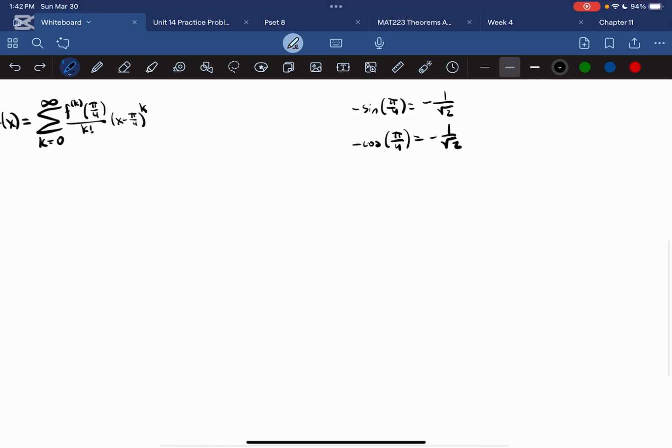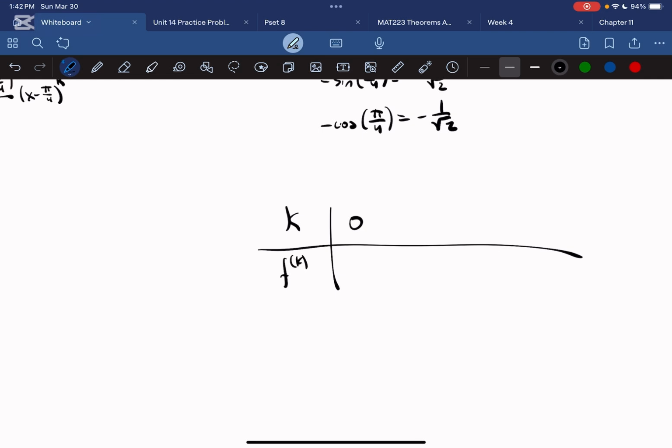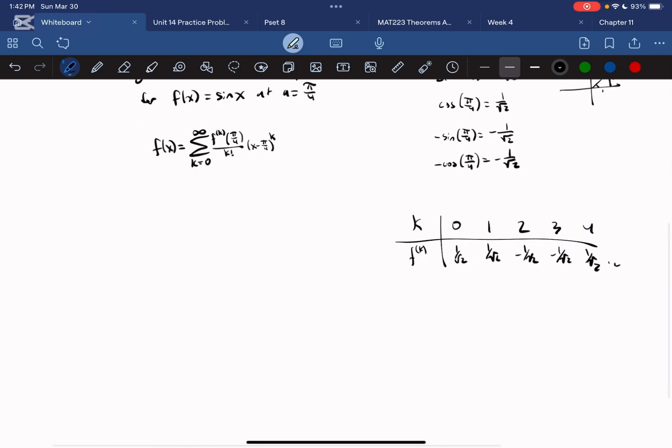So when we have our k and our f to the k, right? Notice that when k is 0, 1, 2, 3, 4, right, we get 1 over root 2, 1 over root 2, negative 1 over root 2, negative 1 over root 2, and 1 over root 2, and the cycle continues.